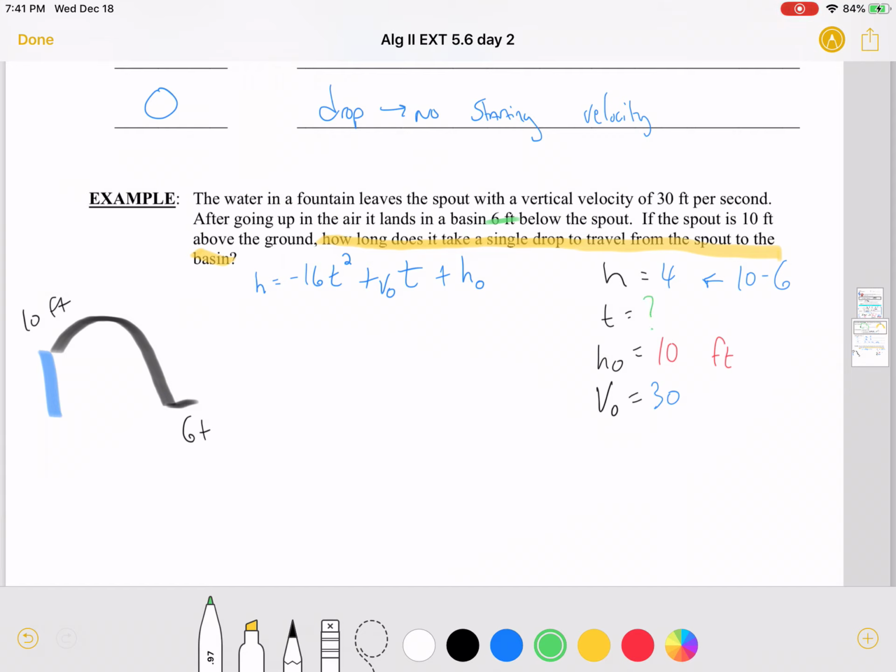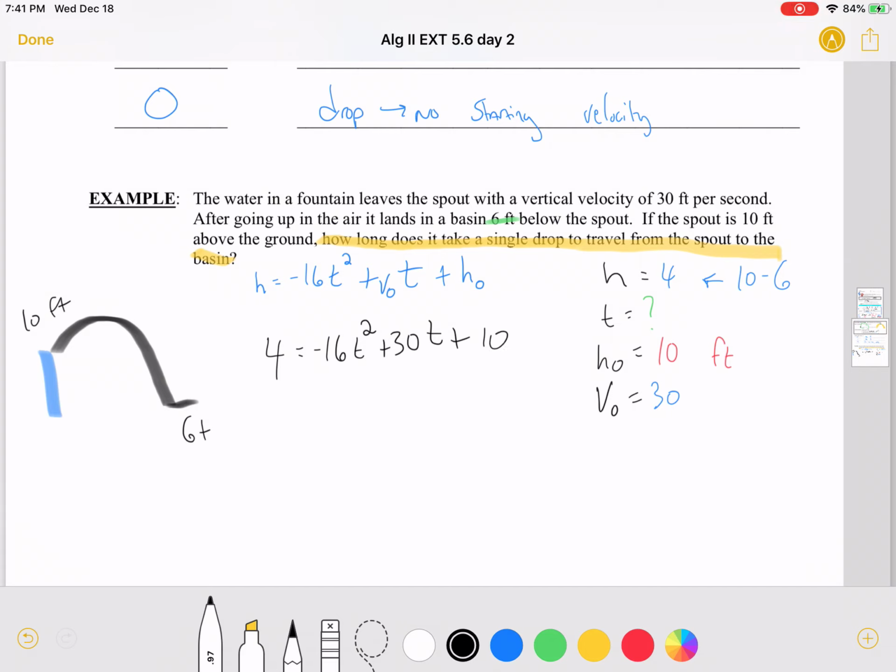So our equation says H, well, our H value is 4, equals negative 16 T squared, plus the starting velocity. Well, what's the starting velocity? Plus 30t, plus our starting height is 10.